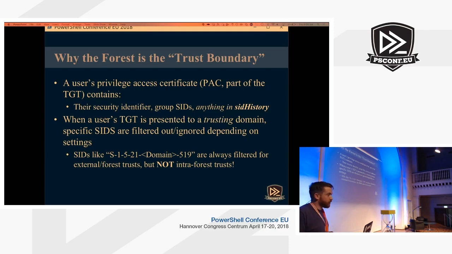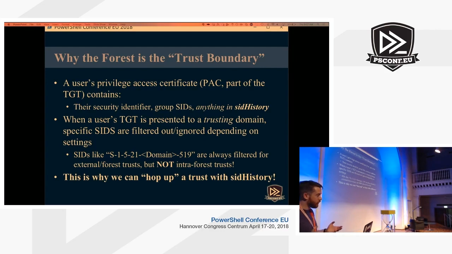But within the same forest, that domain-relative 519, the enterprise admin SID, is not filtered out. So if you're in a child domain, somehow convince Active Directory that you have the enterprise admin SID in your SID history, then you can instantly become an enterprise admin and kind of hop up a trust forest mesh. So this is why the forest is the trust boundary.